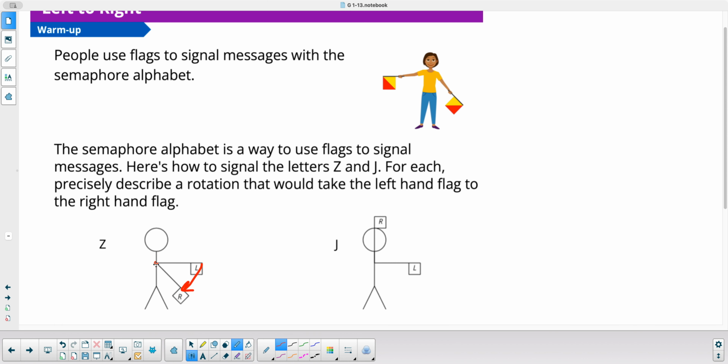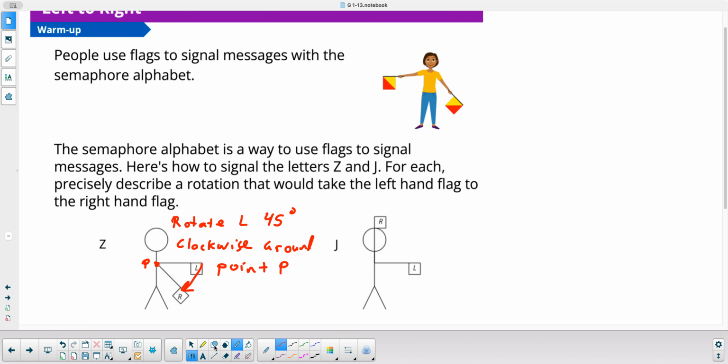Now this is my point of rotation, so we're going to rotate. I would just say here, rotate flag L, I would say probably 45 degrees clockwise. Now, if I labeled this point here as P, I'd say around point P. So point P will be my fixed point, okay?